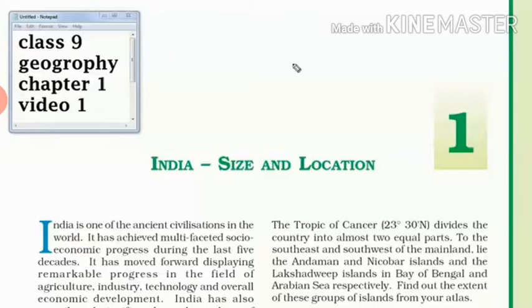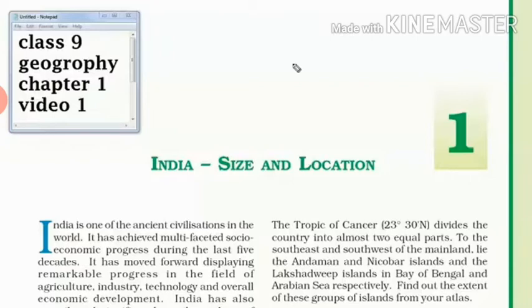India is favorably situated on the world's highway of trade and commerce, both to the east and to the west. The ocean routes serving East and Southeast Asia and Australia pass through the Indian Ocean. In 2000-2001, India had a foreign trade of rupees 43 lakh crore.